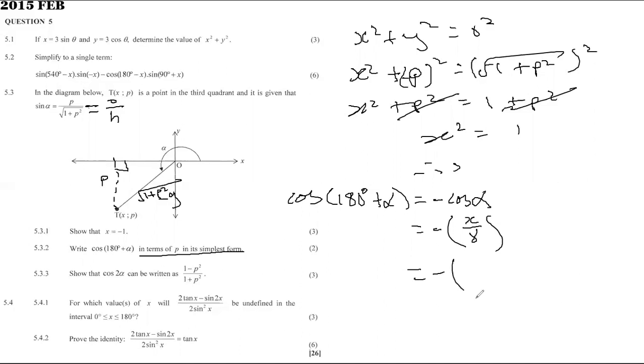The x there, we just calculated, is minus 1, so I'm going to put in minus 1, and my r is the square root of 1 plus p squared. Because this negative will do away with that, it's 1 over the square root of 1 plus p squared. And that's the simplest form that you can get to at this point.